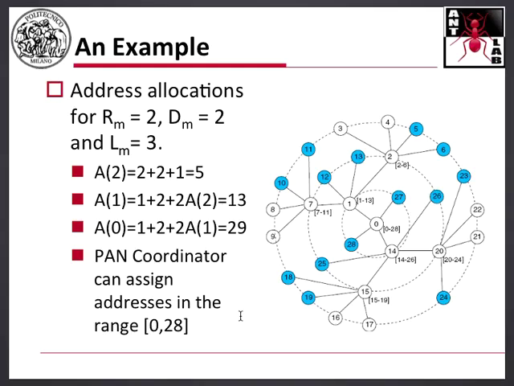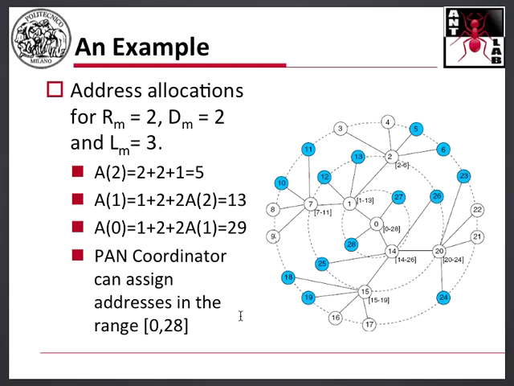Okay, so let's move up one layer. So let's see what happens at routers at layer 1. Router at layer 1 is, for example, this router here, 14. This is one ZigBee router at layer 1. This guy here must be assigned one address for all the nodes which he somehow manages, meaning that he must have an address for himself, and an address for all the branch of the tree which is underneath himself.